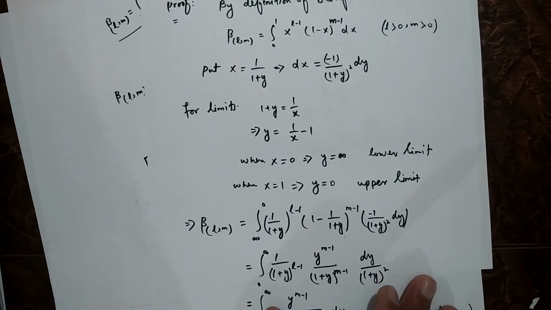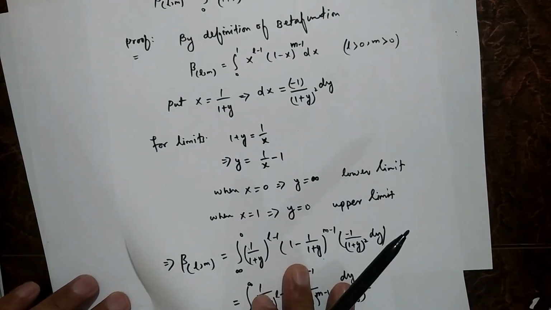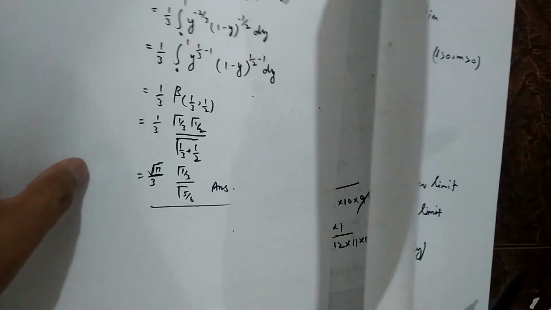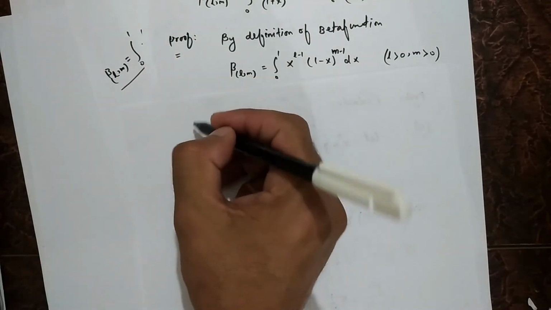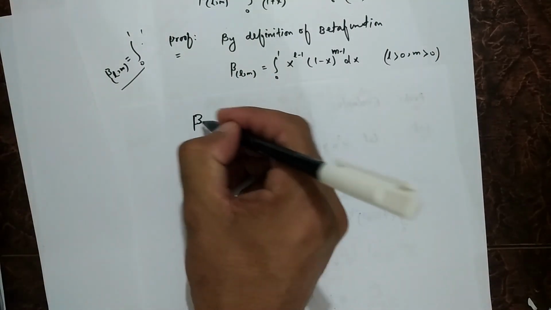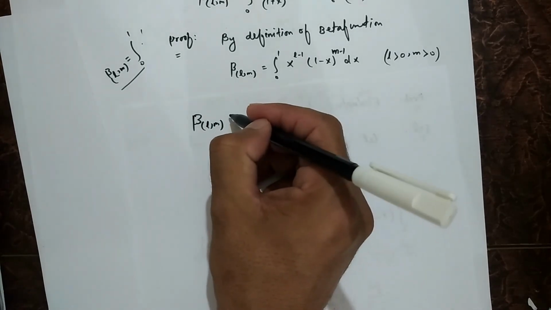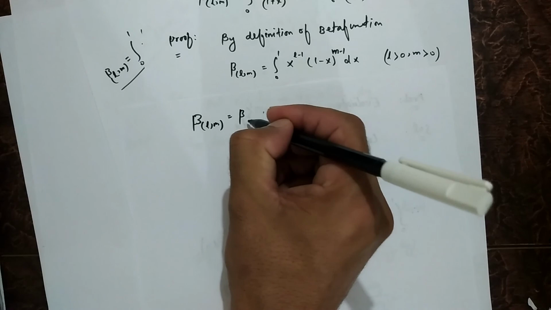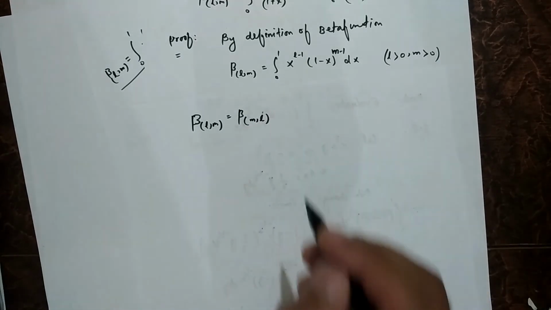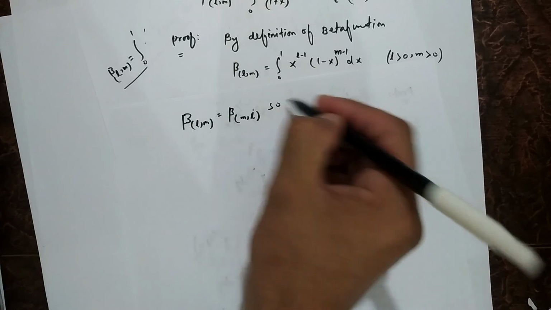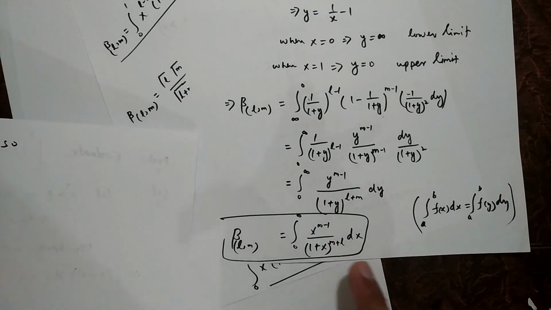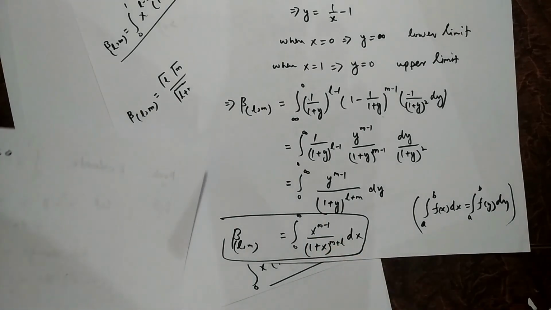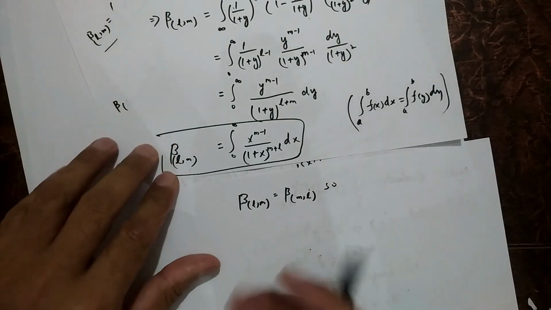And now, yesterday we had a property that beta lm can also be written as beta ml. So everywhere in this integral where we have m, replace it by l, and interchange these.